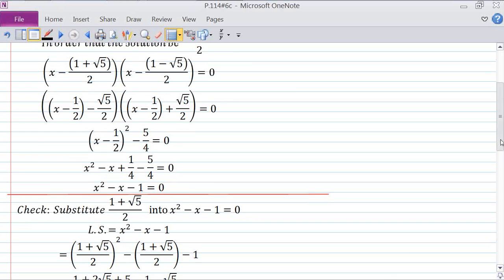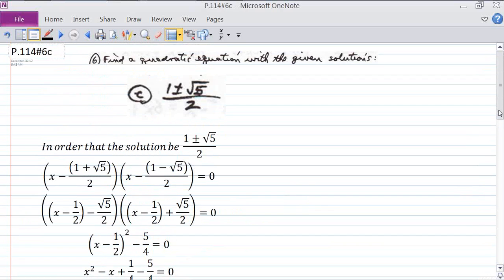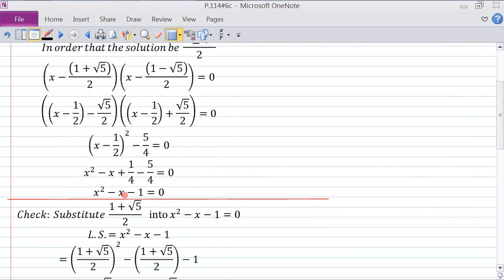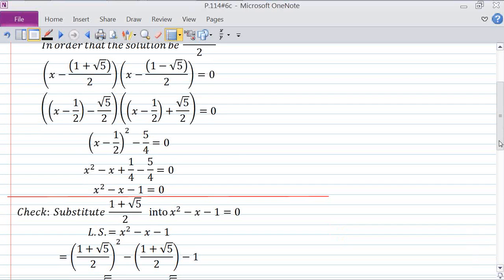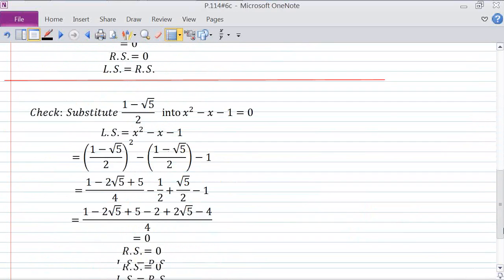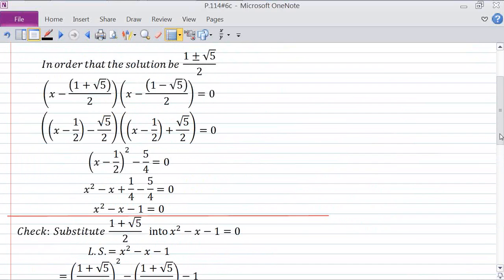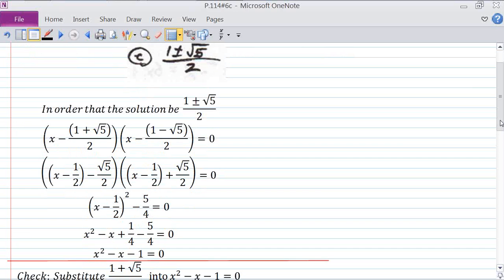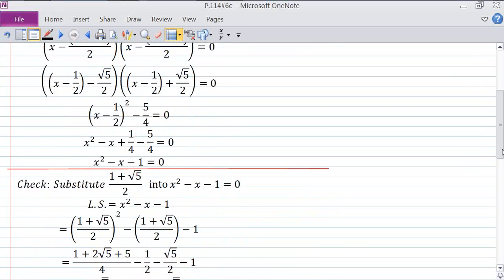That answers this question. Find the quadratic equation with the given solutions. In other words, if I use the quadratic formula on this, then that'll give us the solution. Now let's check this right here.